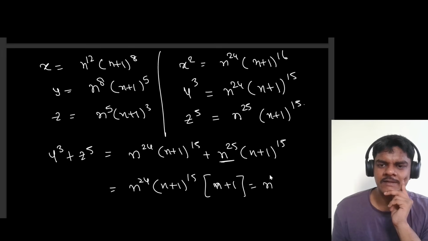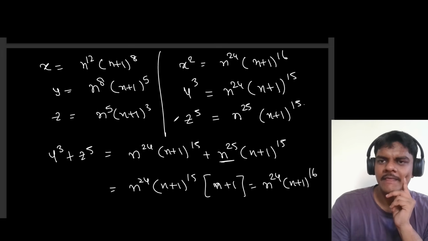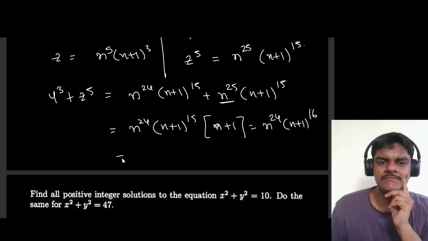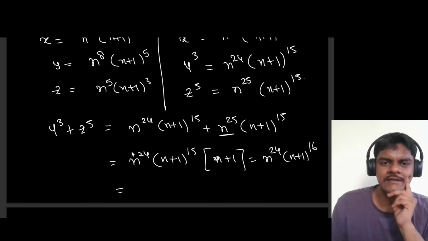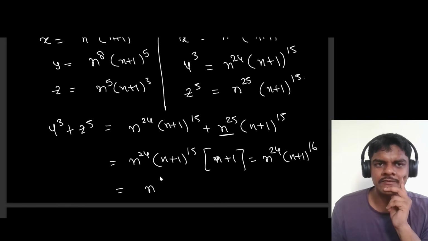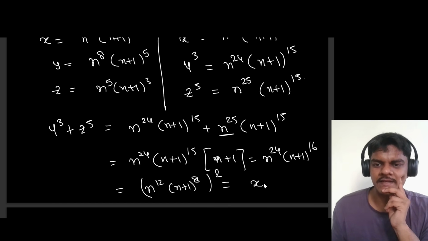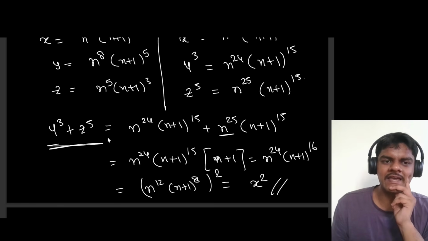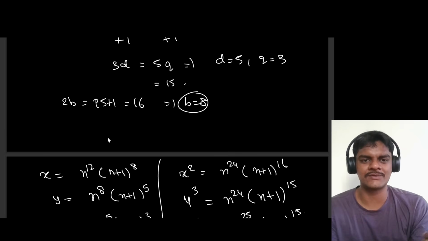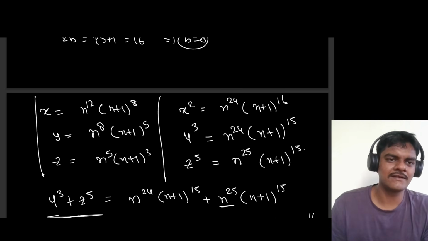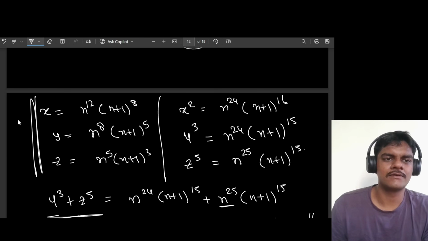So this will be n power 24 into n plus 1 power 16, and that will be n power 12 into n plus 1 power 8 whole square, which is x square. Since we have a generalized solution, this is a parametric solution.